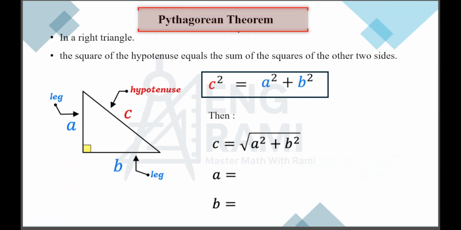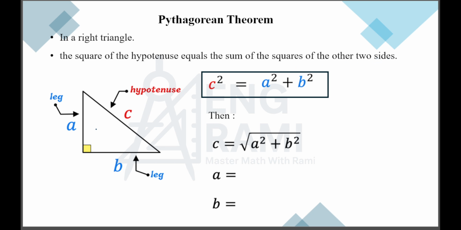Pythagorean theorem. In a right triangle, so we can use it just in a right triangle. This is an important note. The square of the hypotenuse equals the sum of the squares of the other two sides.